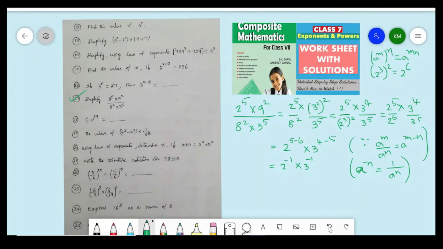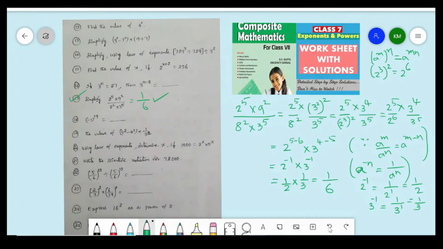If I use this formula, then 2 power minus 1 can be rewritten as 1 by 2 power 1, that is nothing but 1 by 2. Again 3 power minus 1 can be written as 1 by 3 power 1, that is equal to 1 by 3. Then this expression becomes 1 by 2 multiplied by 1 by 3, that is equal to 1 over 6. So the final answer for this is 1 over 6.